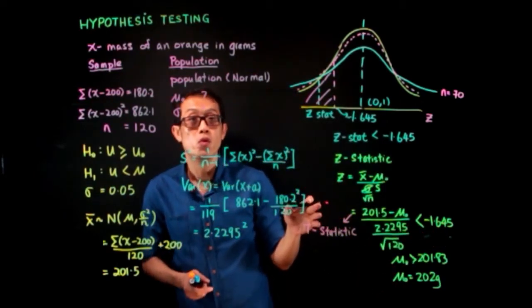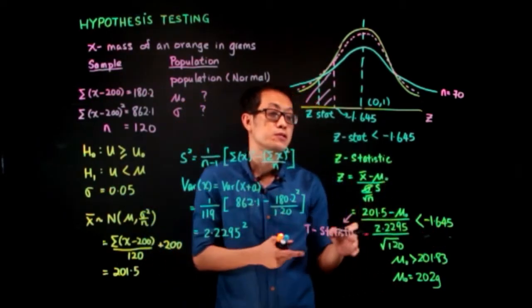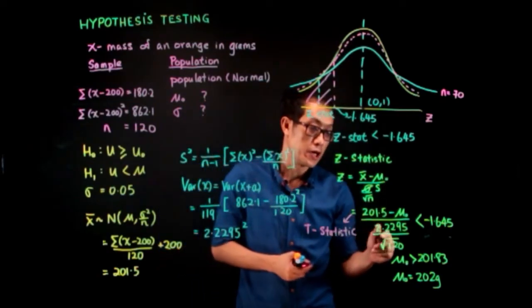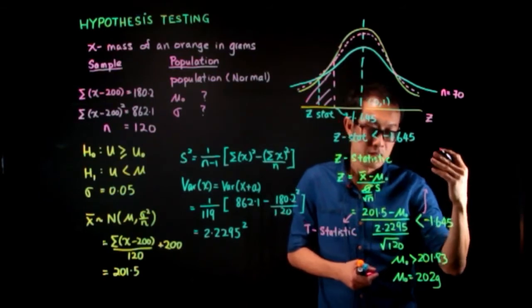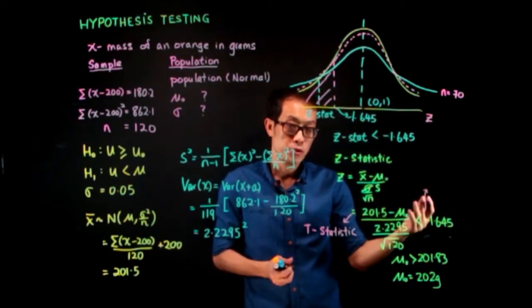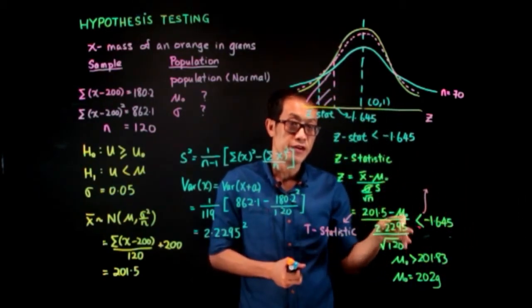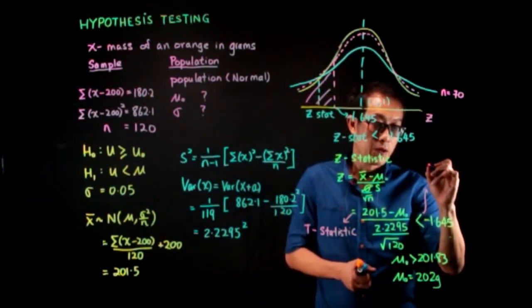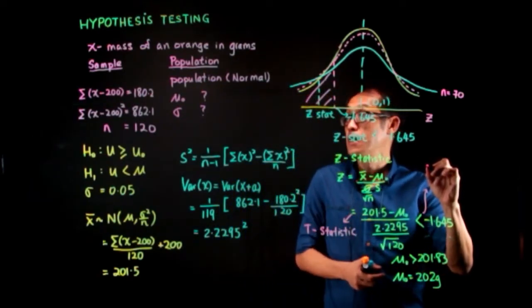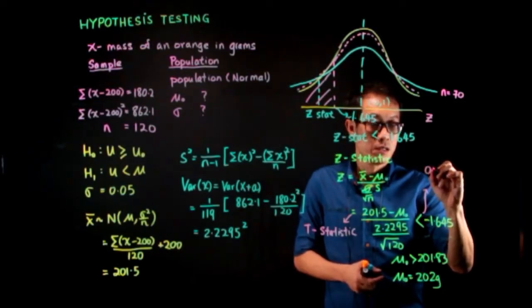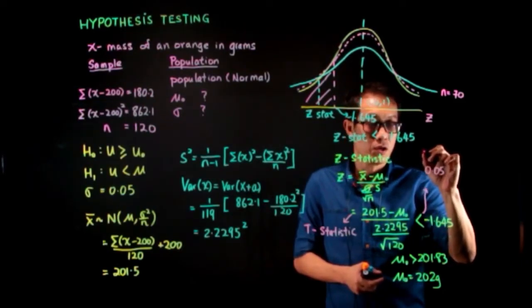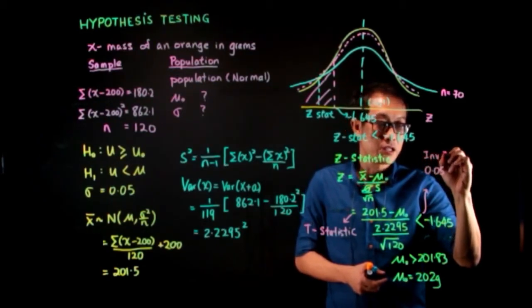Now, if you use your GC, and do an inverse t distribution, you go to your distribution, and select inverse t distribution.